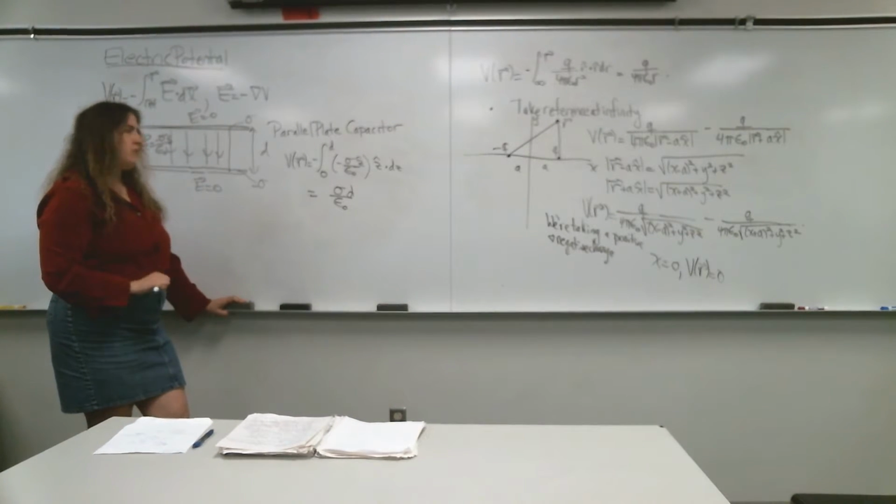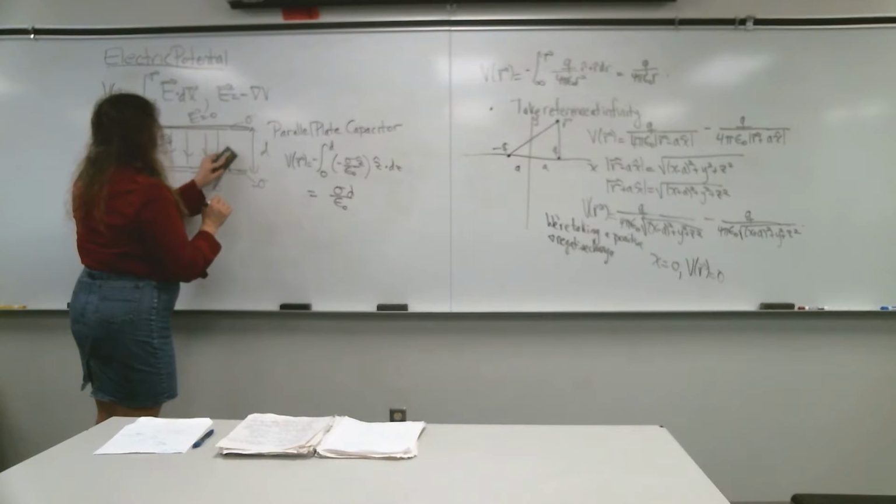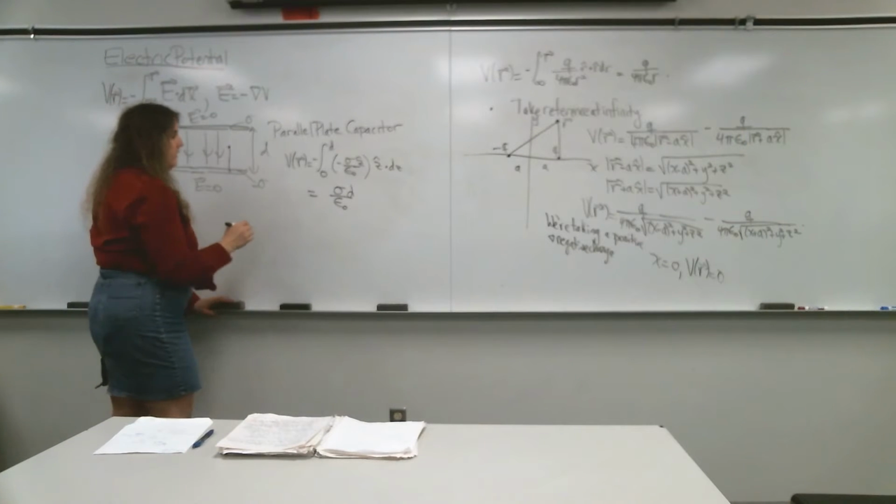I wanted to calculate the potential at some arbitrary point between these two plates. So in other words, I don't want to go just from here up to here, but from here to here, some point z.